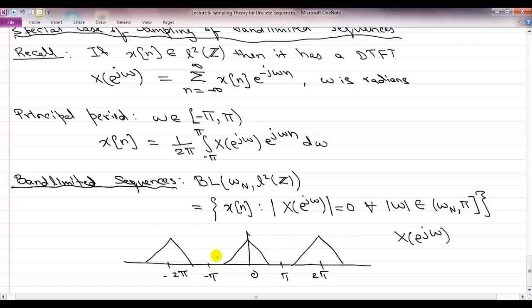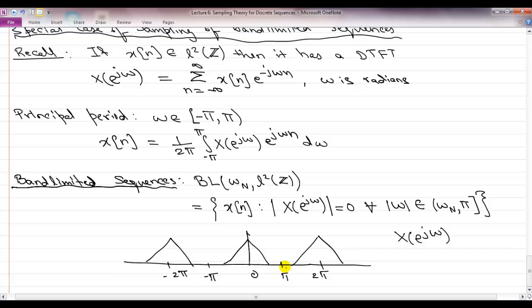On the other hand, a sequence whose discrete time Fourier transform never becomes 0 between minus pi and pi is not a band limited sequence. So exactly the same definition as in the continuous time world.